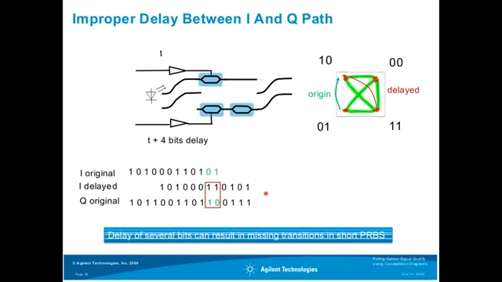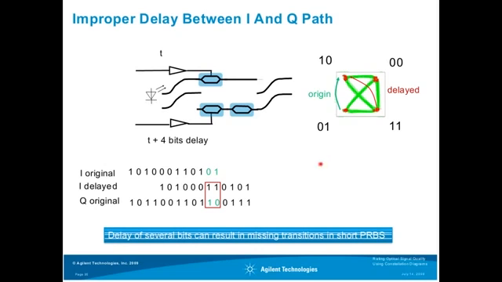So assuming that the PRBS is quite short, it is not long enough to play through all combinations in combination with a 4-bit delay, and this can cause this kind of distortion or misalignments in the signals.